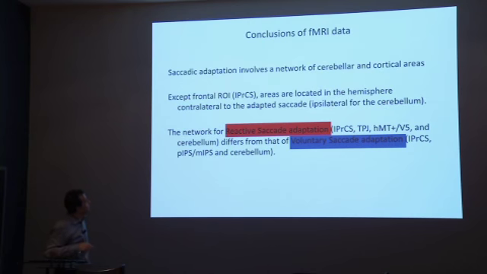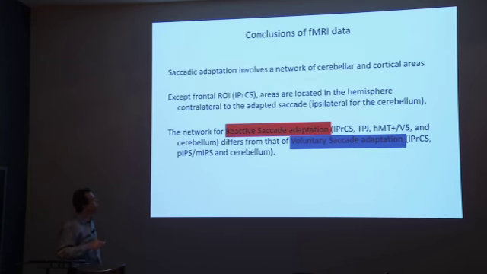So the conclusion of this fMRI study is, first of all, that not only the cerebellum is involved in saccadic adaptation, but also different areas in the cerebral cortex. These areas are located in the hemisphere contralateral to the adapted saccade. I forgot to mention that we adapted only leftward saccades.